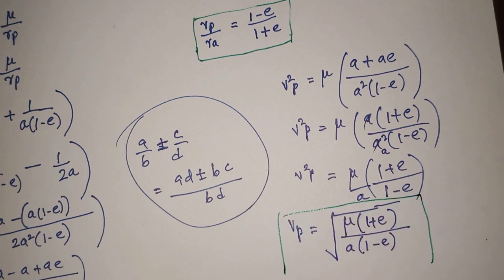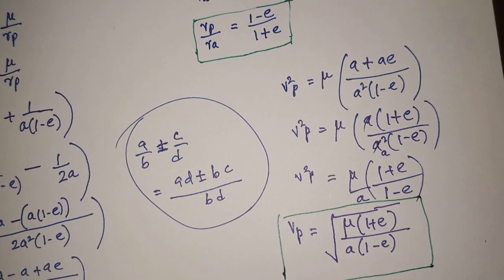So accordingly, if you do the aphelion velocity, it's very simple here. You don't have to do the whole process again. You can just take the reverse of this expression.